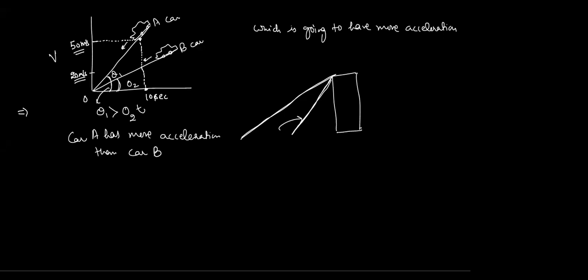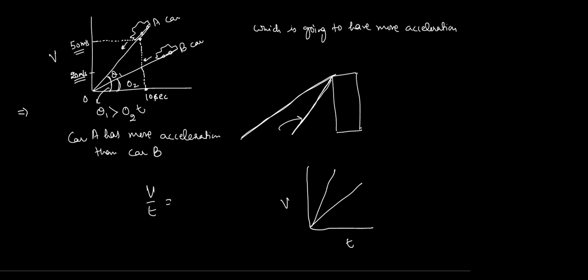So we can say that car A has more accelerated motion, meaning it changes its speed at a greater rate. If you have two graphs and I ask which one has the higher accelerated motion, it is the one in the VT graph with the greater slope, because V by T gives you acceleration.